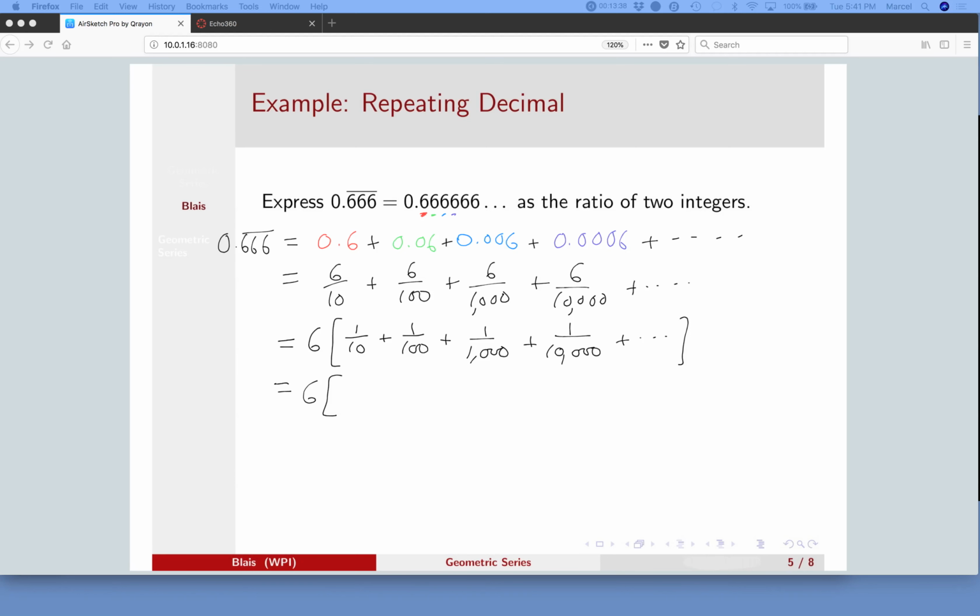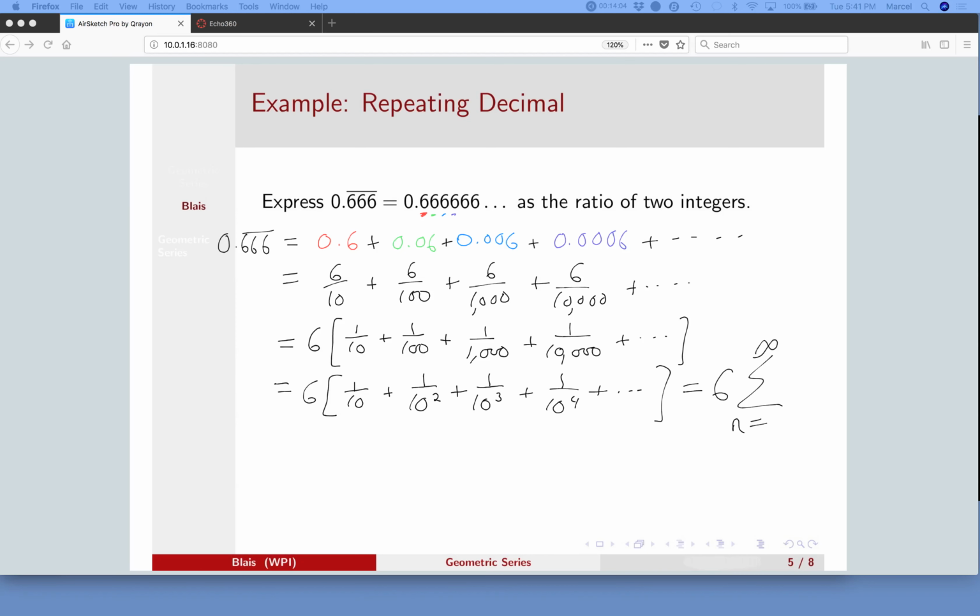So the first term is 1 over 10. The second term is 1 over 10 squared. The third term is 1 over 10 cubed. Fourth term is 1 over 10 to the fourth. And we recognize that what we have in square brackets here is a geometric series. This is equal to 6 times the sum.